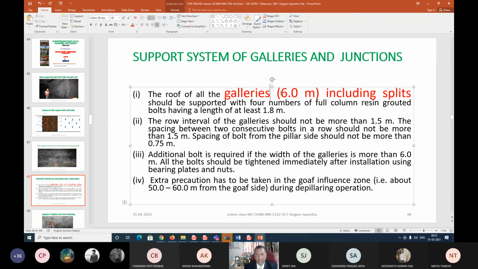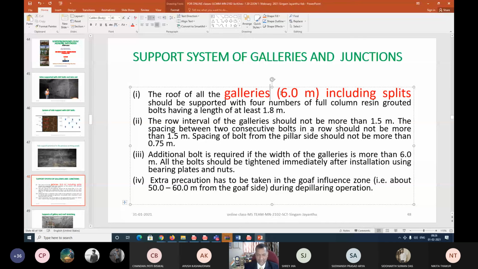And why was it not there before, in the 1960s or 50s or 40s, or when this was made in 57? Because at that time technologies like resin bolting were not there to make it secure or stable. These are some of the reasons.